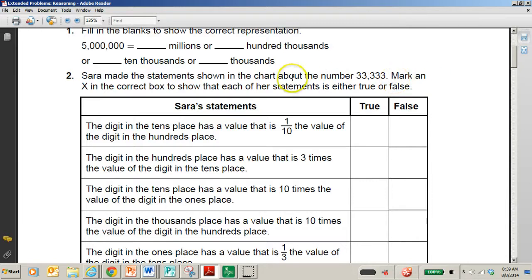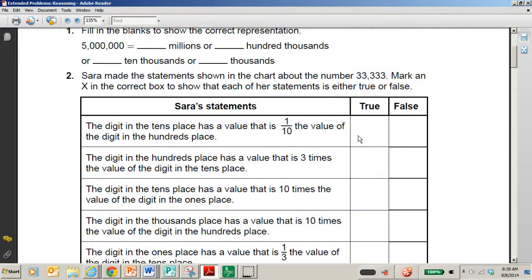This is something you're going to see in Study Island and again on the end of the year assessment. Sarah made the statement shown in the chart about the number 33,333. Now in Study Island, again, you are going to have decimals included, but the same concept, you either move to the right or the left, the same applies. You either get 10 times bigger or 10 times smaller. So it says right, true, or false.